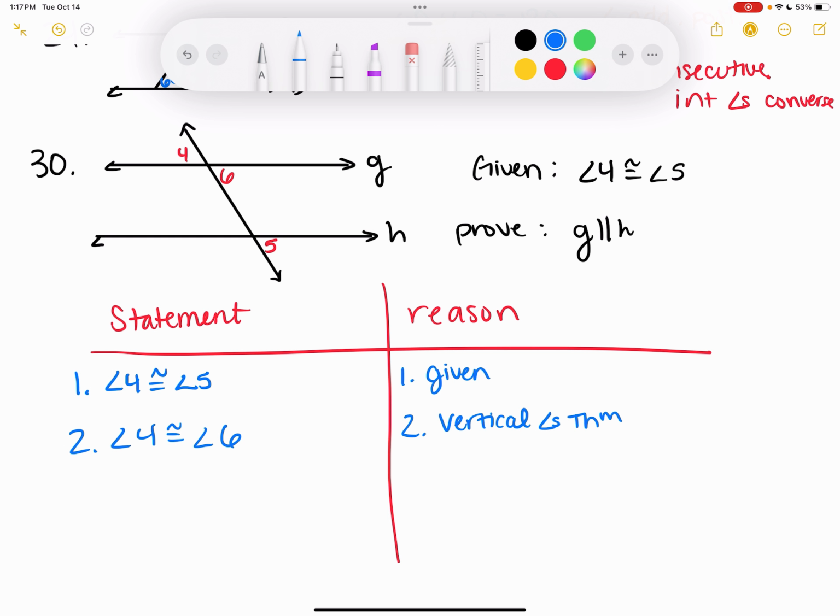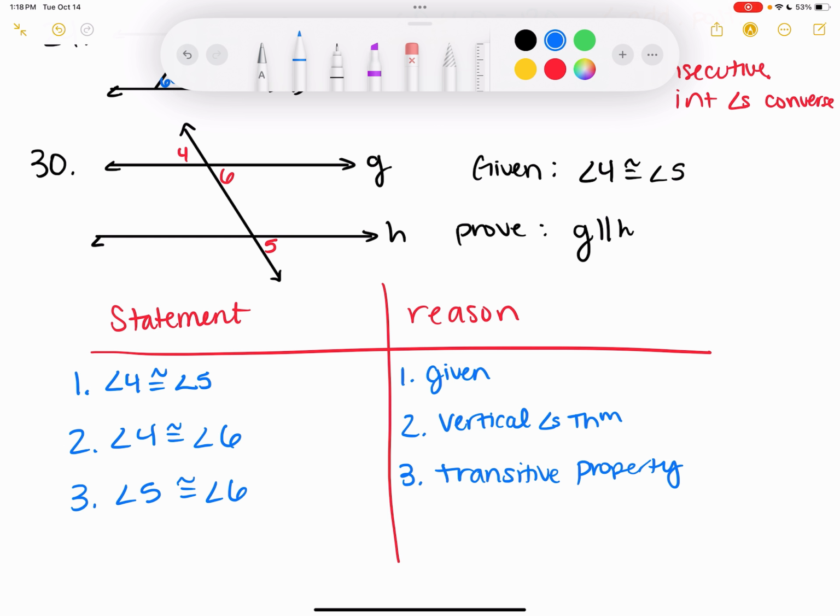So then, based on that, what can I say? Angle 5 is congruent to angle 6. Why? Yep, transitive property. So then, ultimately I can say what?